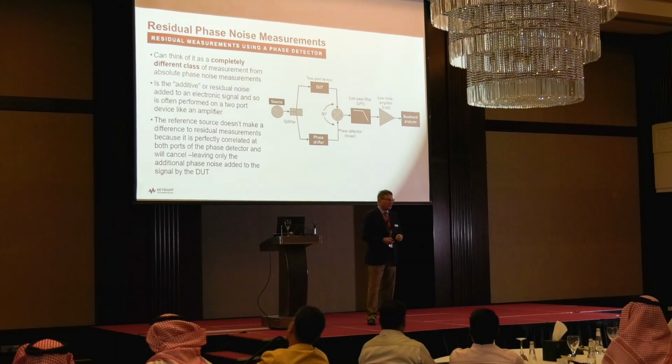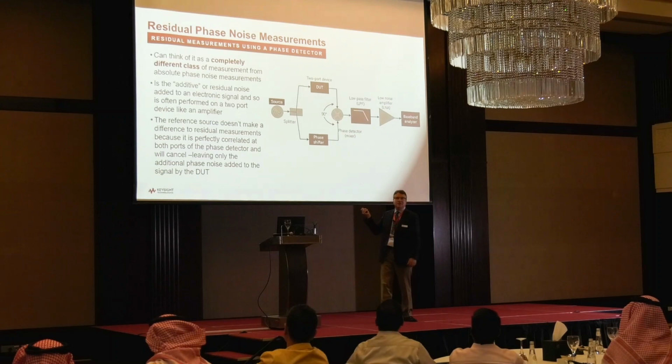We still use our phase detector that I described earlier, but in this case, the device under test is here. Okay, we have a reference generator, and we split that between going into port 1 of the device under test, and the second part goes into a phase shifter. We use the phase shifter. It could be a delay line, or it could be an electronic phase shifter.